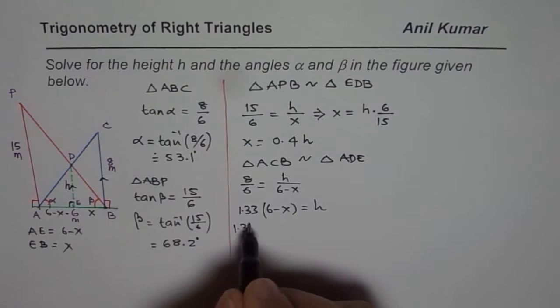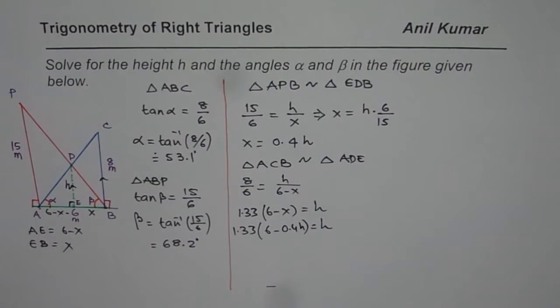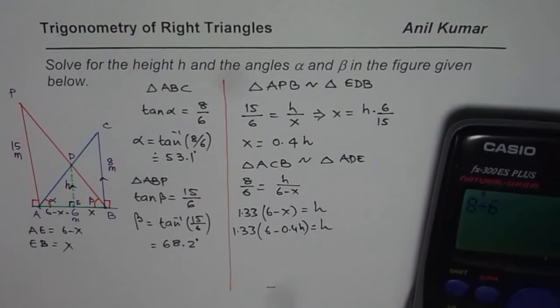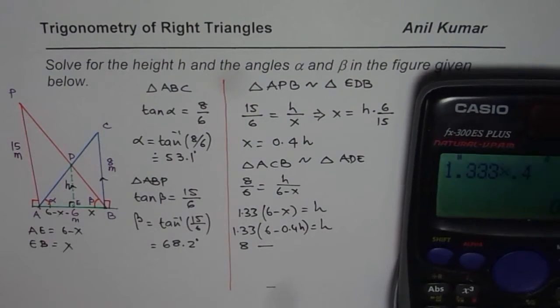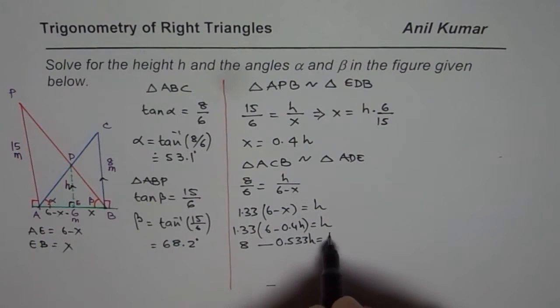So 1.33 times 6 minus 0.4h equals h. Now we have a linear equation in terms of h which we can solve. Let's open the bracket. 1.33 recurring times 6 is equal to 8, so we get 8 minus 1.33 recurring times 0.4, which in decimals is 0.533, so 0.533h equals h, correct?